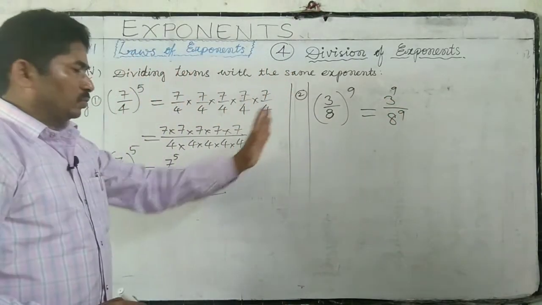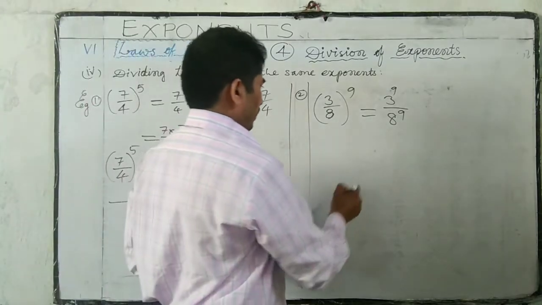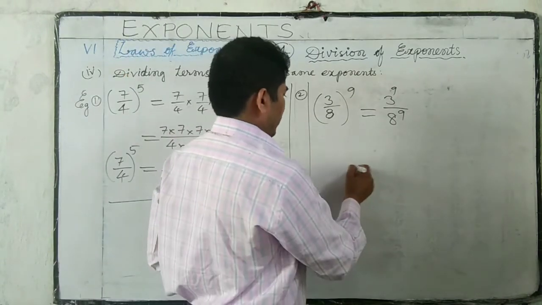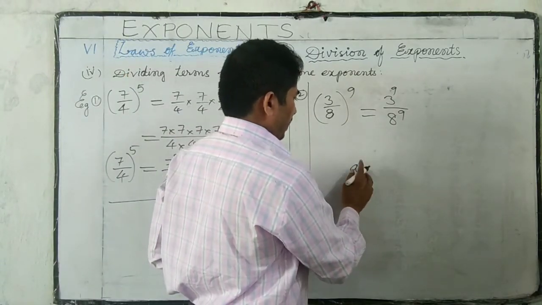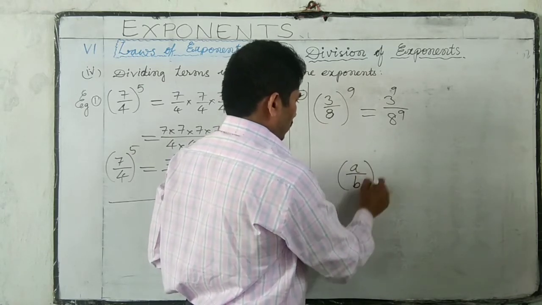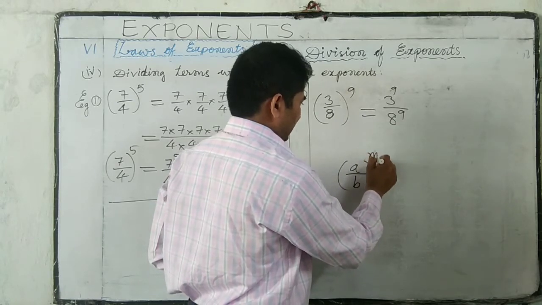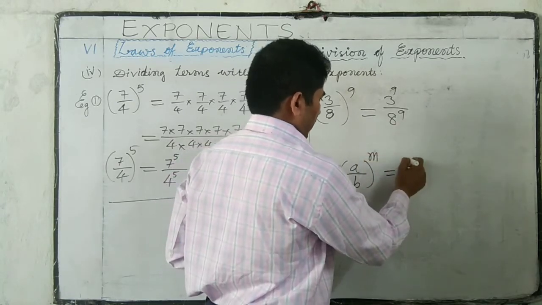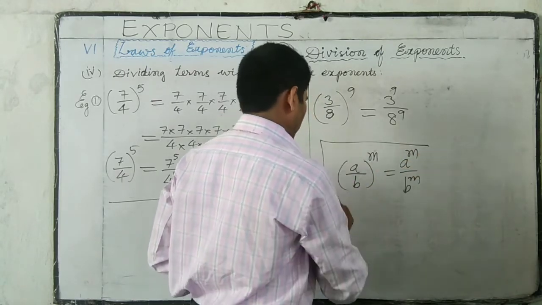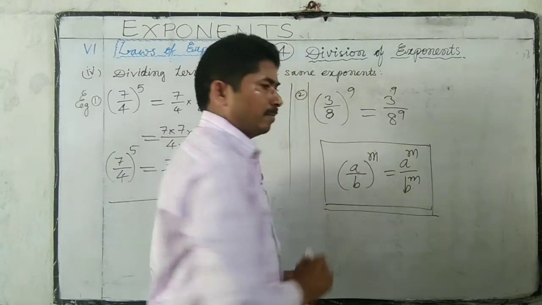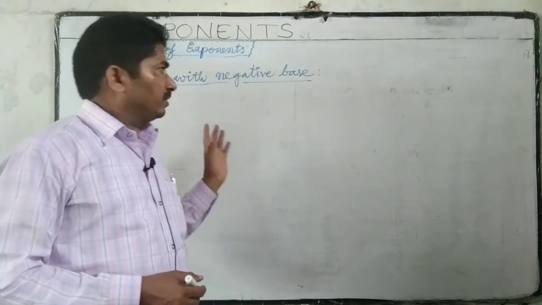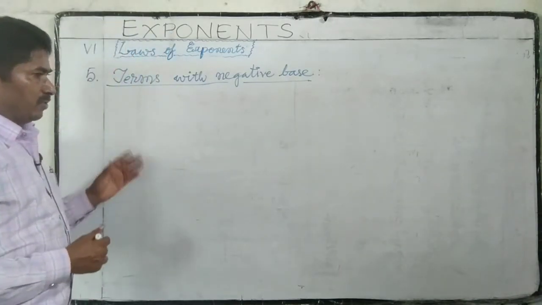By observing these 2 examples, we can write a formula for any non-zero integers a and b: a by b all to the power of m is equal to a to the power of m by b to the power of m. Terms with negative base. To understand this, we have to observe a few examples.